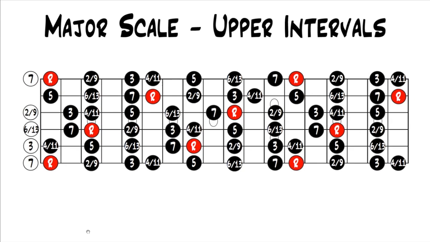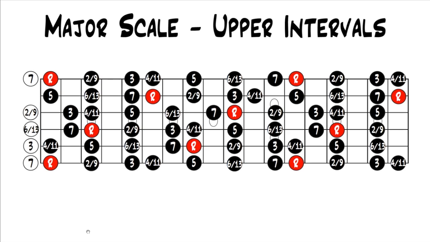So then we can look at the whole scale that way and replace all the 2s, 4s, and 6s with 2 or 9, 4 or 11, 6 or 13. And in practical terms, you'll run across that all the time. But in later lessons, we'll talk about what the real differences are, and we'll talk about bigger interval shapes and all that. But for now, just consider that the 2 is the same as the 9, the 4 is the same as 11, and 6 is the same as 13.